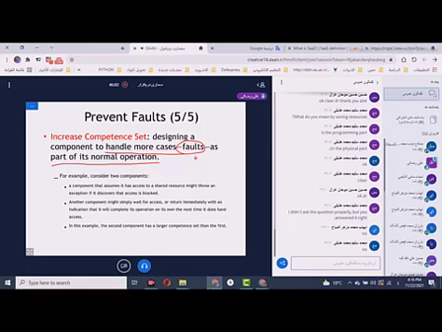For example, you may tell a person, okay, go and get water. He went to the kitchen and checked the tap, and he sees that there's no water in the tap, and then he can return to you and say, okay, there's no water, finished. But with an increased competence set, he can check the tap water, and if there's no tap water, he can check the refrigerator.